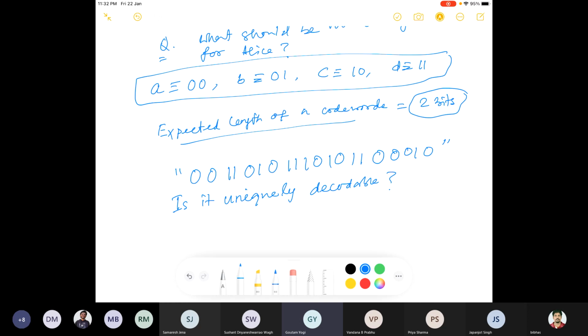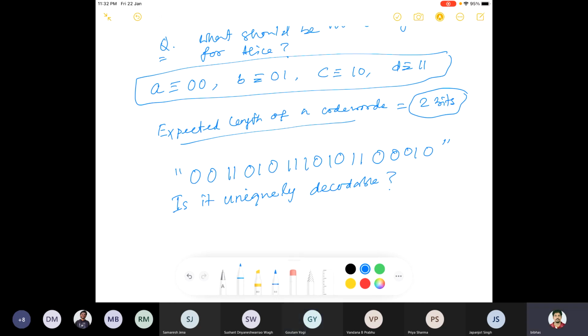Like for 00 we get A, and 11 we get D, so we will not get any confusion. I think we get a different output for each corresponding 2 digits.